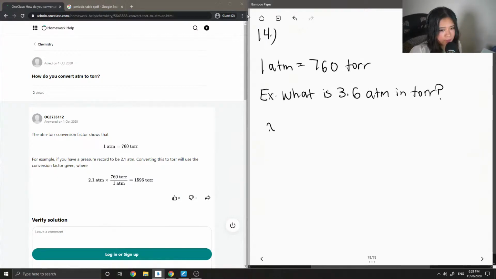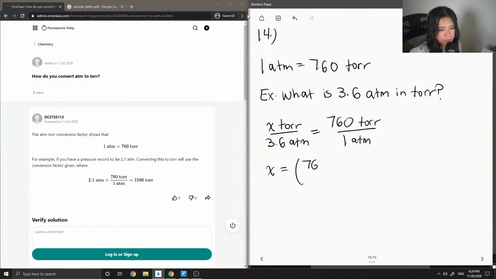We would write x, so our unknown Torr, divided by 3.6 ATM is equal to, on the right side, our conversion factor, 760 Torr divided by 1 ATM. And then we just solve for x.